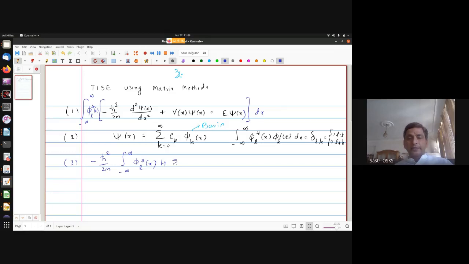Psi of x is summation k equal to 0 to infinity c_k phi_k of x dx. This is equal to E times integral minus infinity to plus infinity phi_l star of x into summation over k c_k phi_k of x dx.